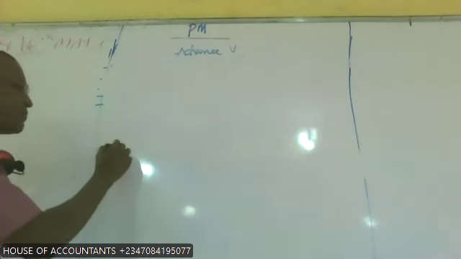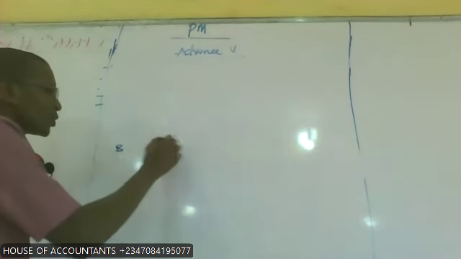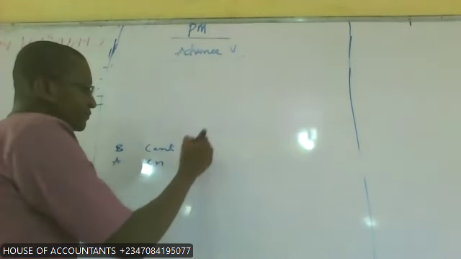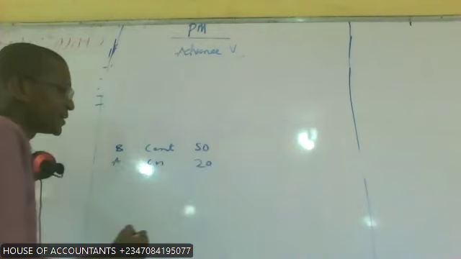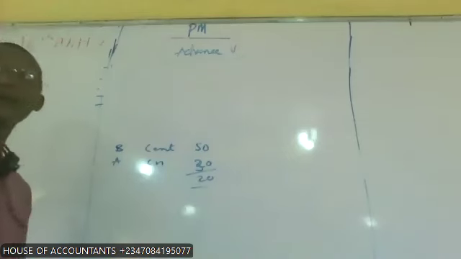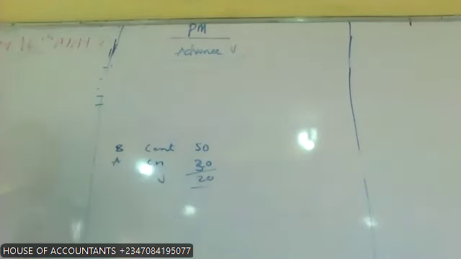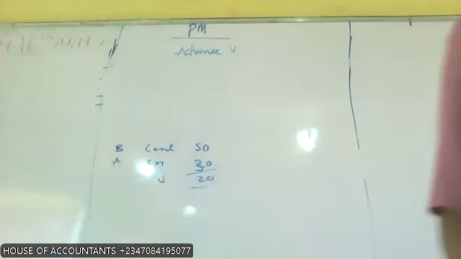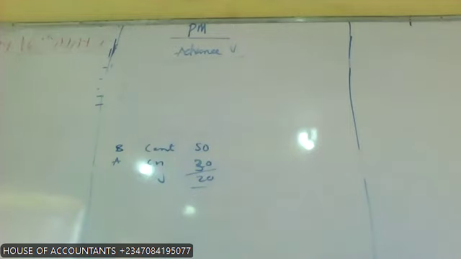By comparing the budgeted contribution to the actual contribution. So if budgeted is 50 and actual is 30, it means there's a variance of 20. We then start calculating the variances to know what causes this particular variance.